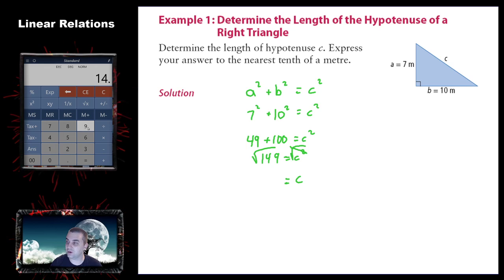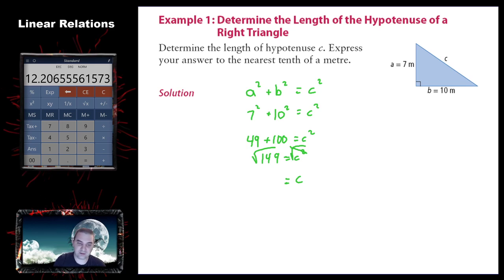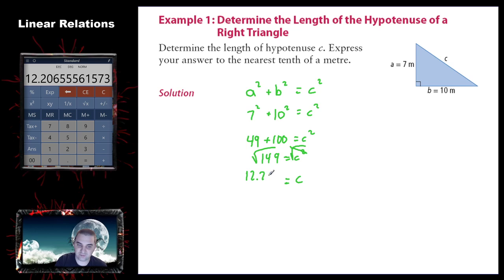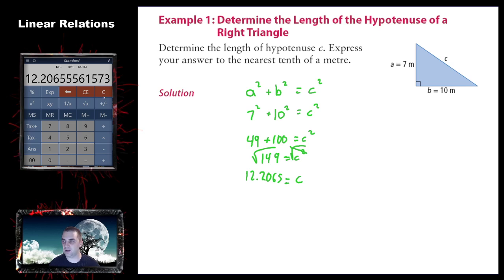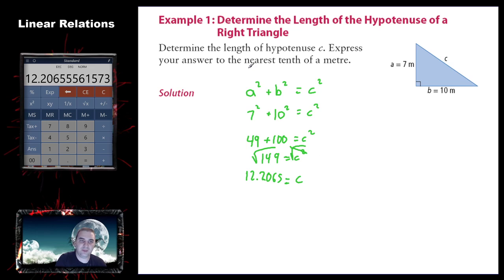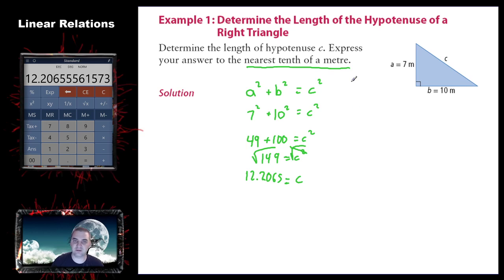So the square root of 149 is 12 point, yes, I know. It looks like it must be wrong, right? 12.206, maybe it is, I don't know. It's an ugly number. But remember, we're talking about the nearest tenth of a meter. So this could be the distance between things.